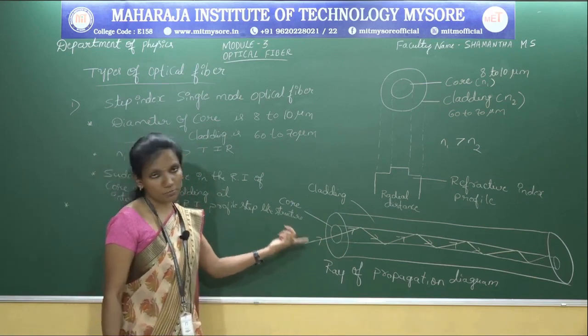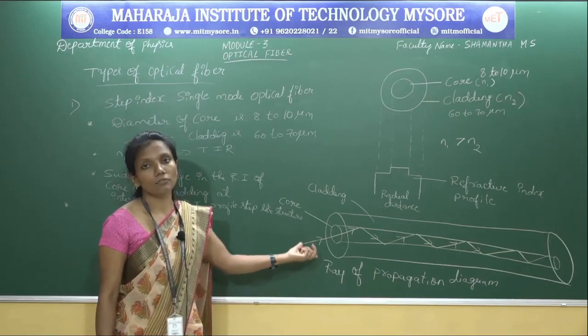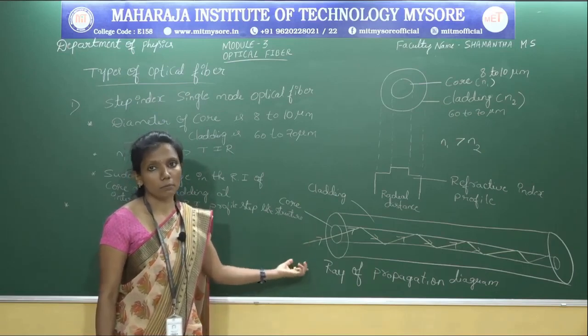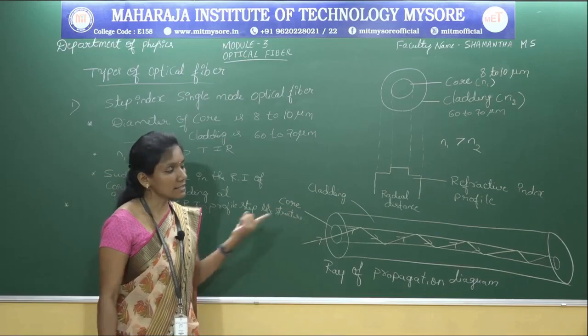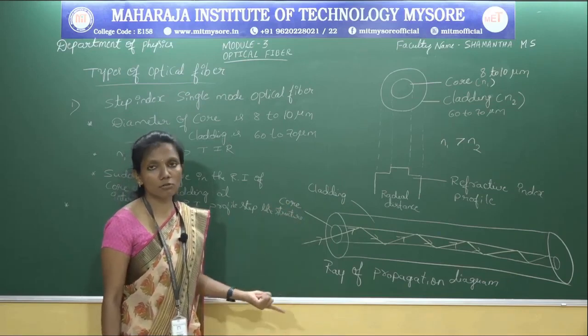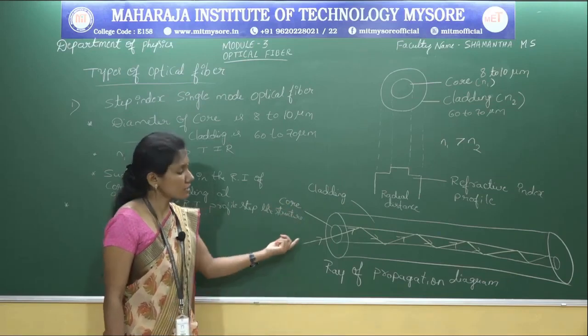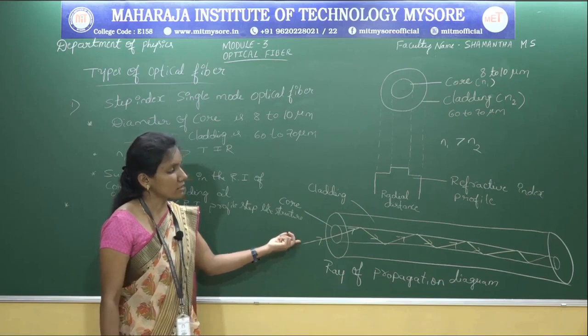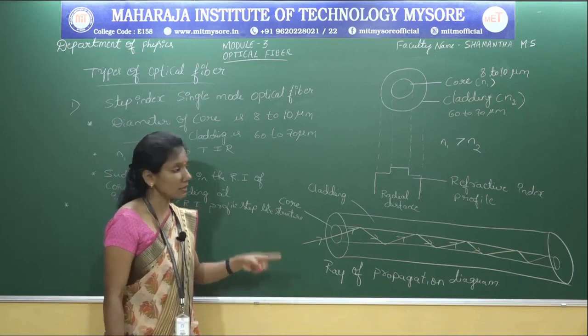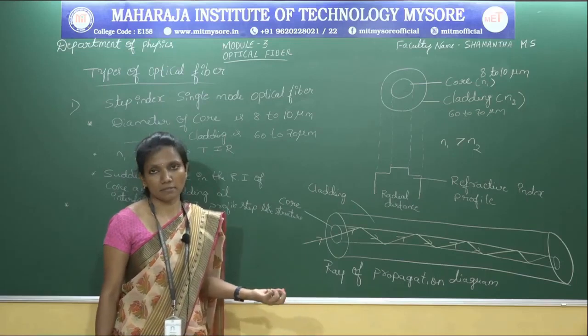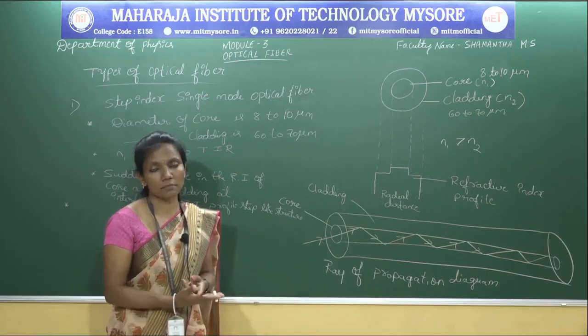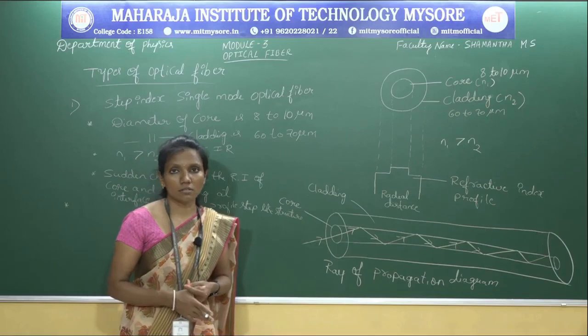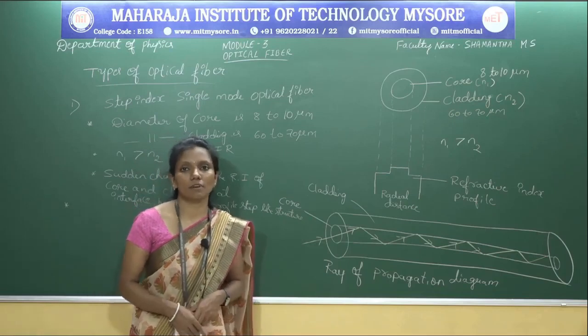About 80% of telecommunications use this optical fiber, and it is also less expensive compared to other optical fibers. That's why 80% of people use this single mode optical fiber.